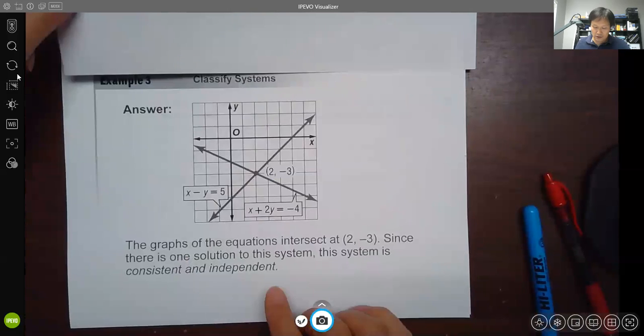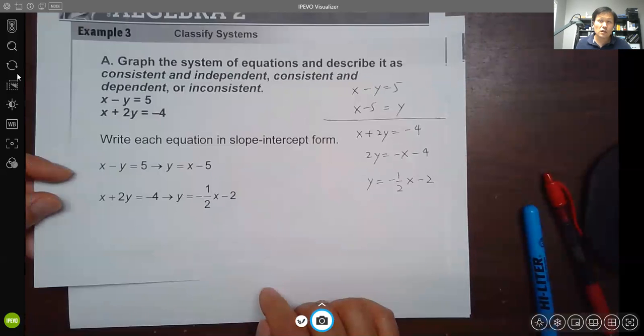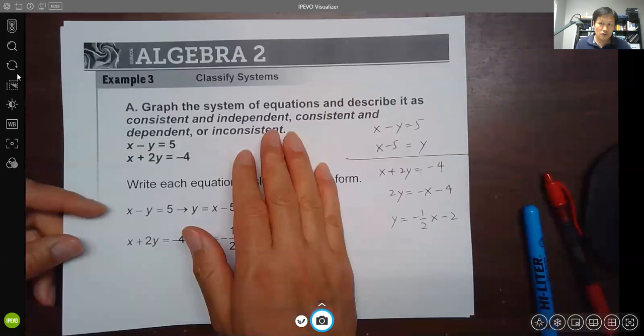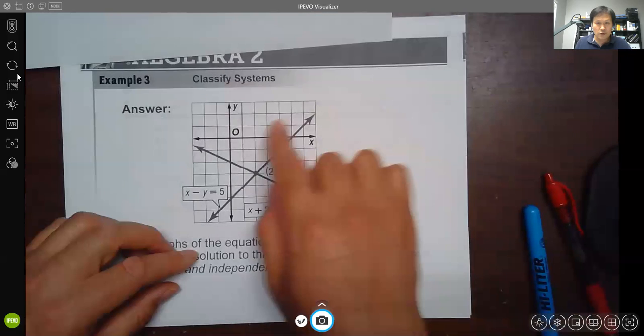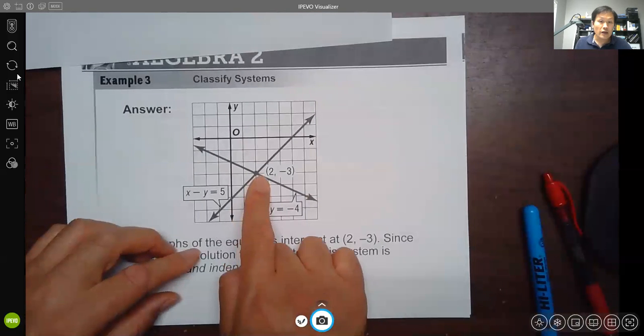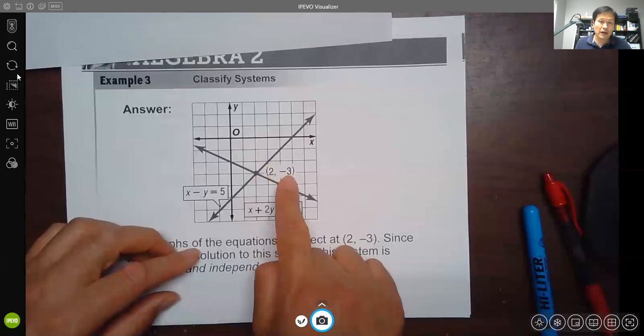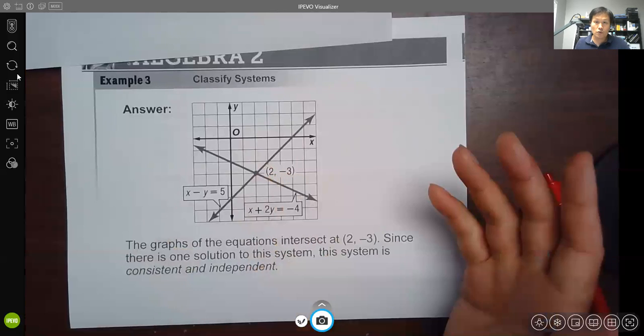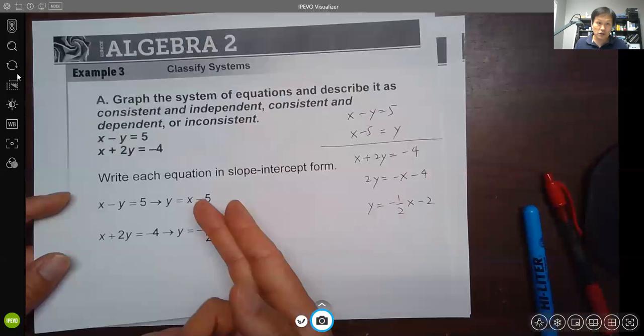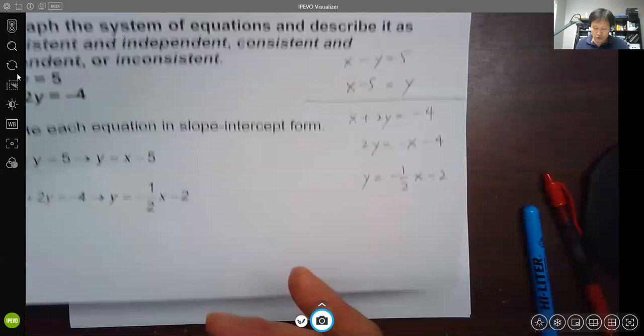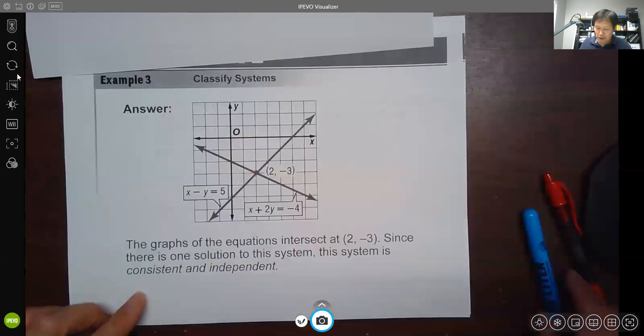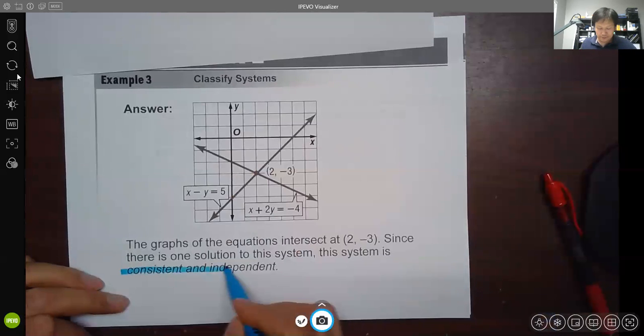That's the answer. We did not ask for the solution here. Just to let you know, if you graph it, the solution will be (2, minus 3), but that is not the answer for this question. The answer is consistent, independent.